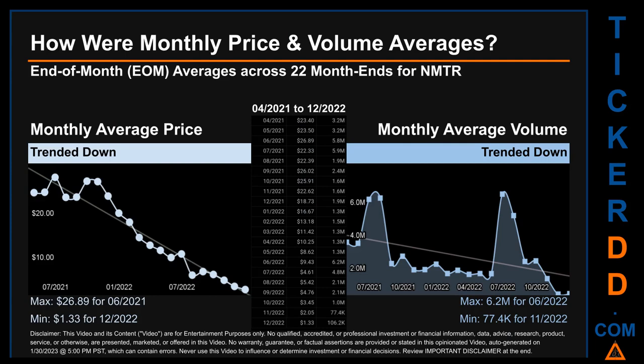The maximum end of month average price was $26.89 for 06/2021, while the minimum was $1.33 for 12/2020. Looking at volume, 06/2022 and 11/2020 respectively saw the highest and lowest monthly average volume at 6.2 million and 77.4 thousand.